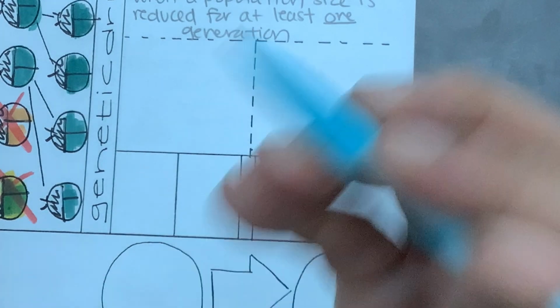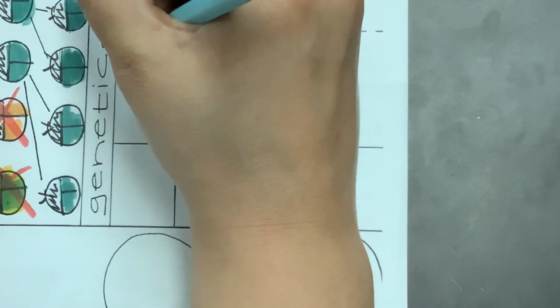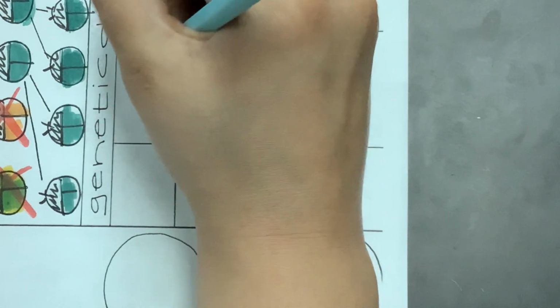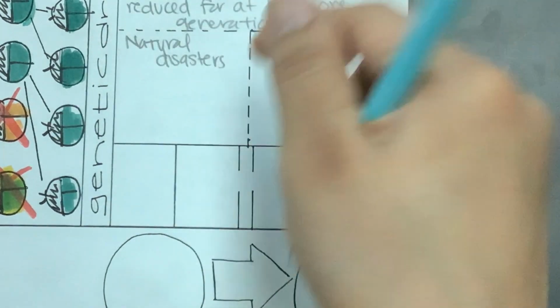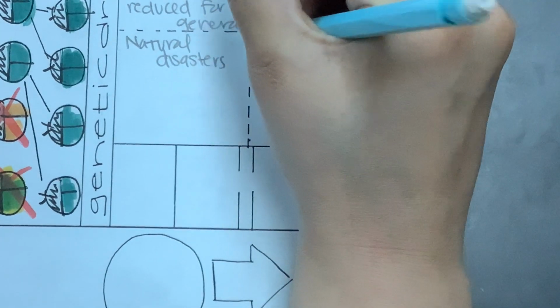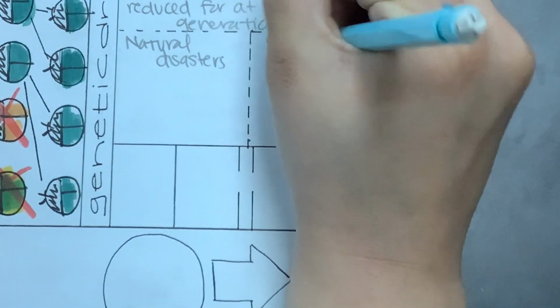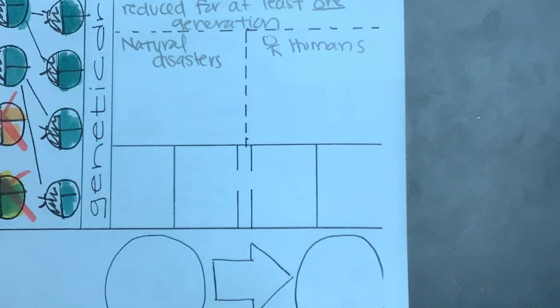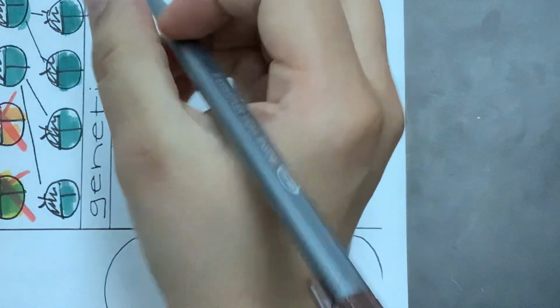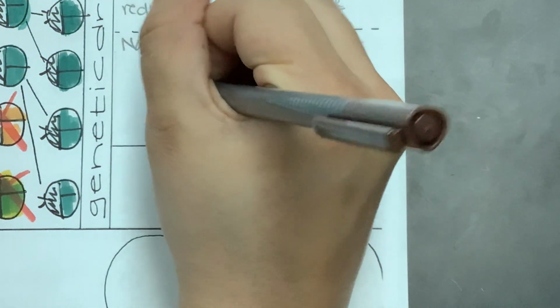And so natural disasters can happen. Or other disruptions can be caused usually by humans. Okay, so when we say natural disasters, we're talking about like earthquakes, volcanoes, tsunamis, anything crazy that happens in nature.